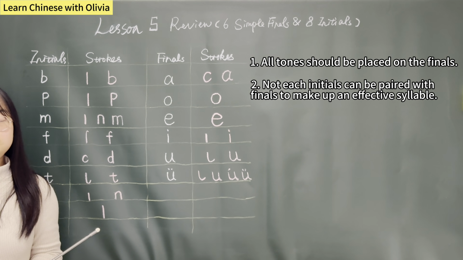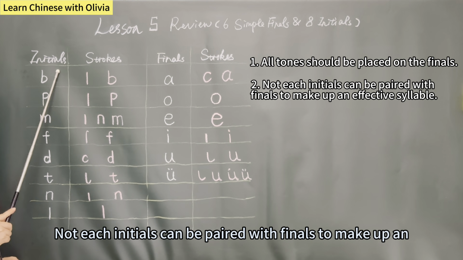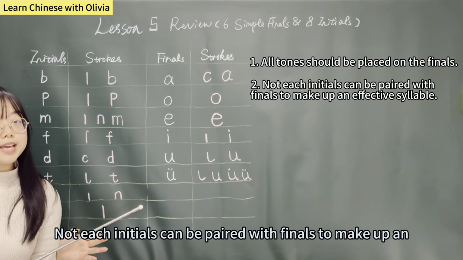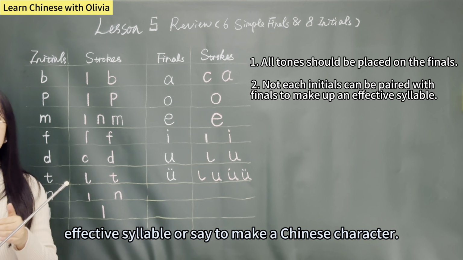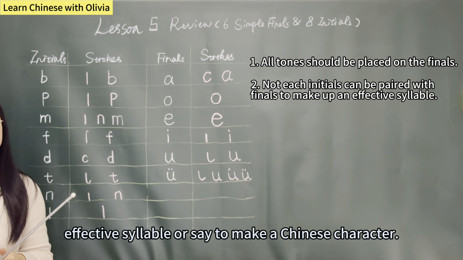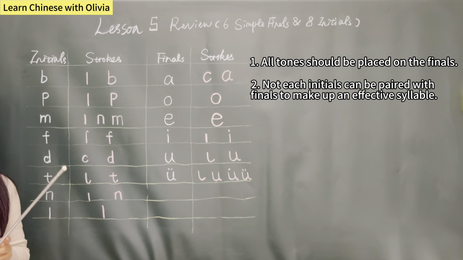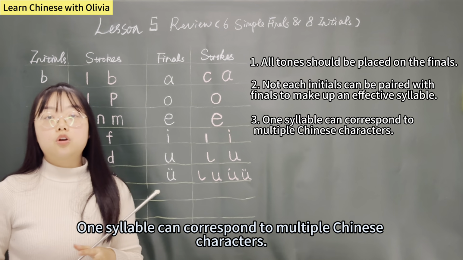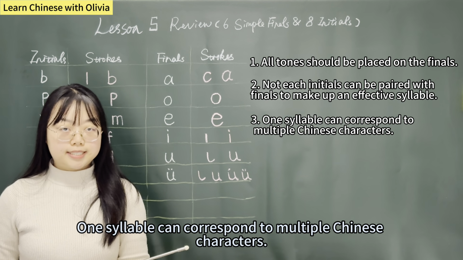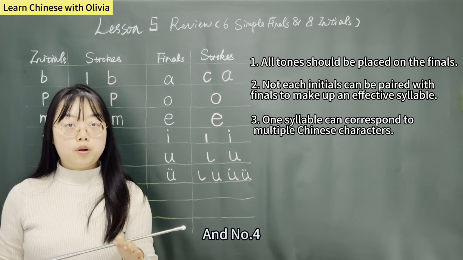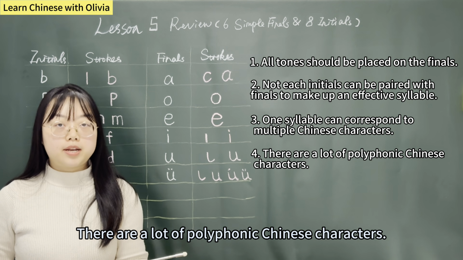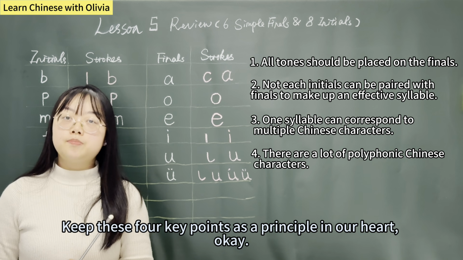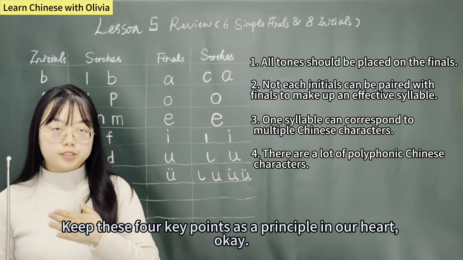Number 2, not every initial can be paired with finals to make up an effective syllable, or say, to make a Chinese character. Number 3, one syllable can correspond to multiple Chinese characters. And number 4, there are a lot of polyphonic Chinese characters. Keep these 4 key points as a principle in our hearts.